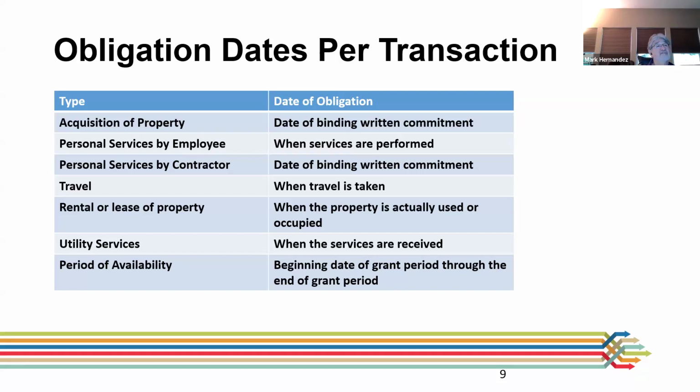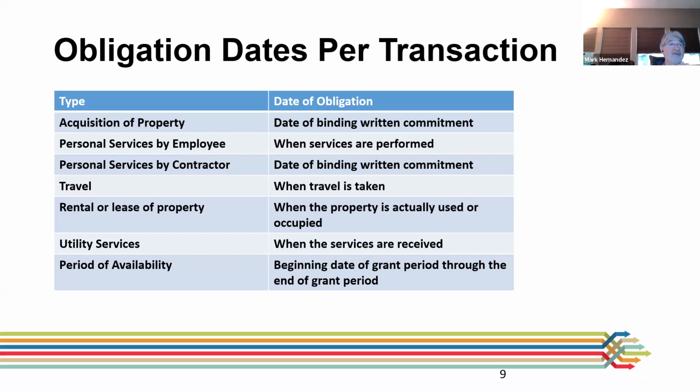Personnel services actually first would be when that staff member is first hired, but then throughout the time, it's when the services are performed. Most organizations, and I know state organizations like the OHE, pay you the month after you've performed the services.